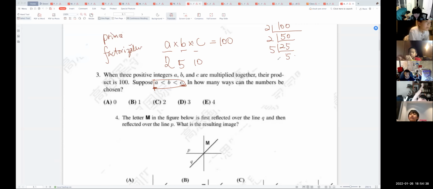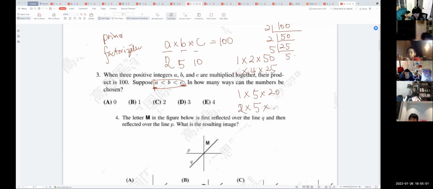If you want to, you can just list them. So we could have 1 times 2 times 50, 1 times 4 times 25, 1 times 5 times 20, and 2 times 5 times 10. Because C must be the biggest, B is the middle, A is the last. So that's why the answer is E.